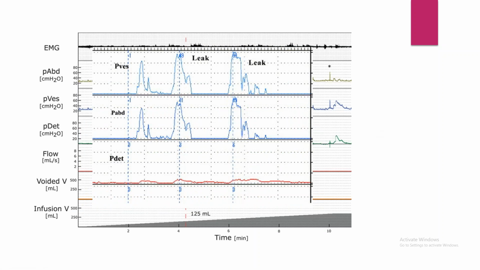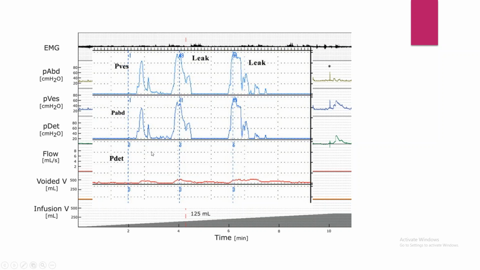Now this graph. Whether this is the filling or voiding phase? Filling phase. Can you see this infusion is there and it is going on increasing? So that is the filling phase. Whether the pressures were zeroed? Yes.